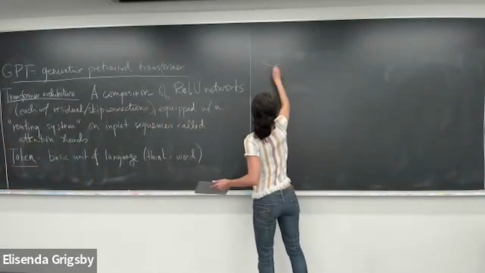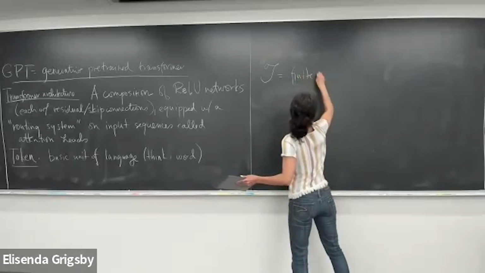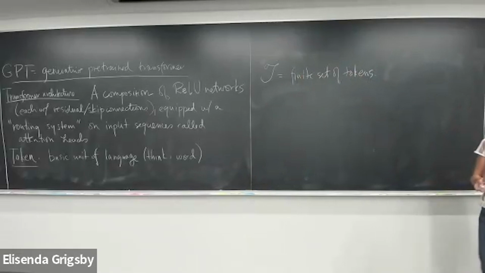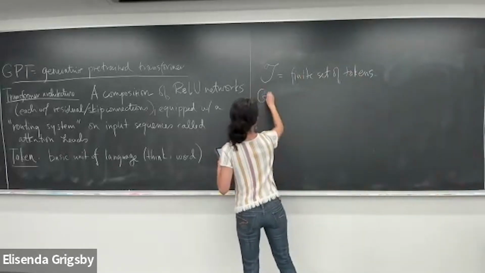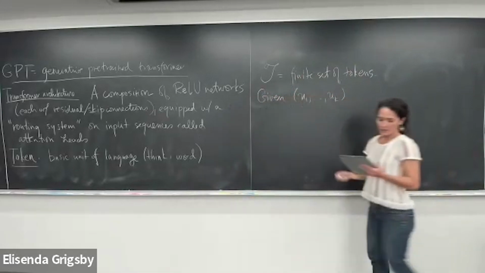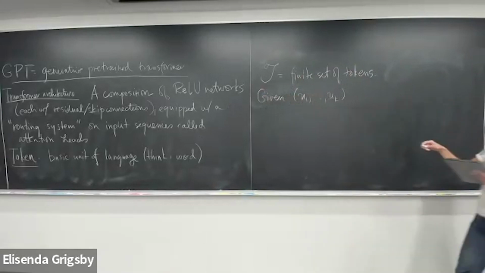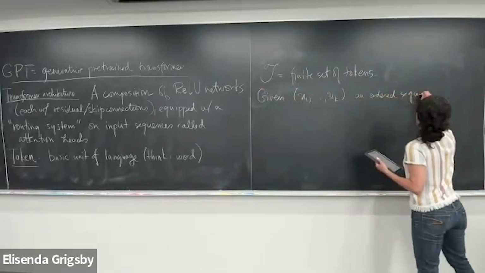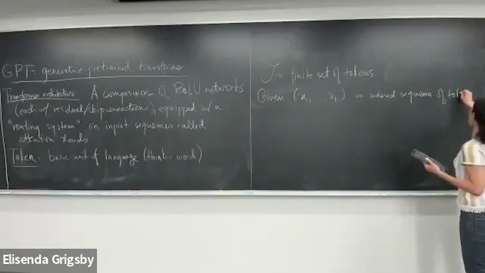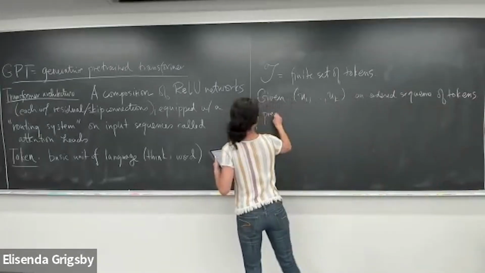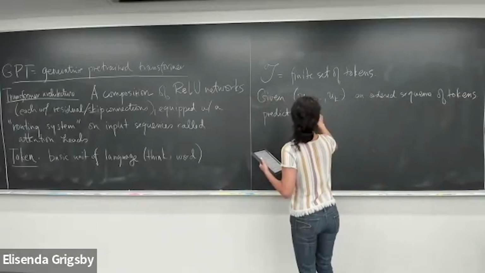And now if you have T, the finite set of tokens, the task of one of these generative pre-trained transformers is: if you're given some ordered sequence of tokens, predict the next one, u_{k+1}.